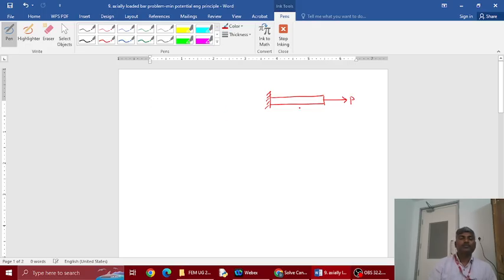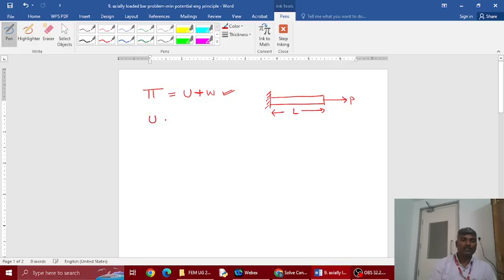Now I first need to write what is the total potential energy of the system. It is nothing but the internal strain energy plus the external work done by the forces applied. So this is the total potential energy of the system.